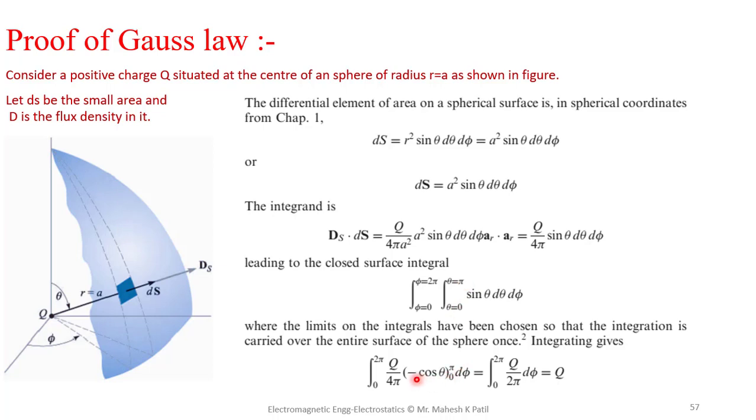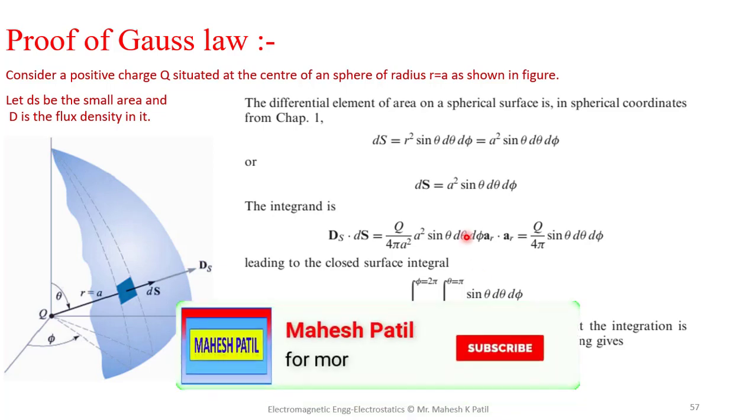So it will become q upon 4 pi into 2 pi into minus cos theta, with the limit from 0 to pi. If you simplify this, you get the final answer as q upon 2 pi into 2 pi, so that 2 pi gets cancelled and what remains is only the charge term, q. Clear? So this is the proof of Gauss law.